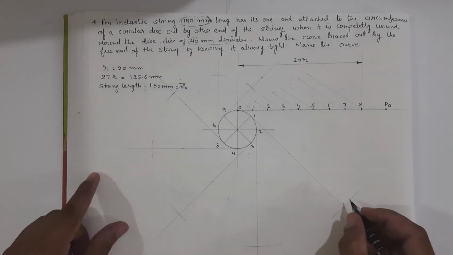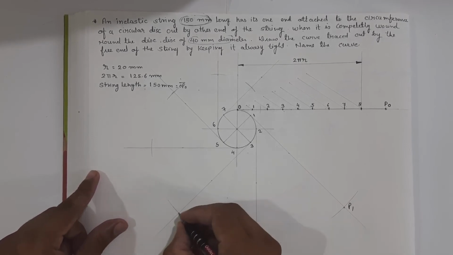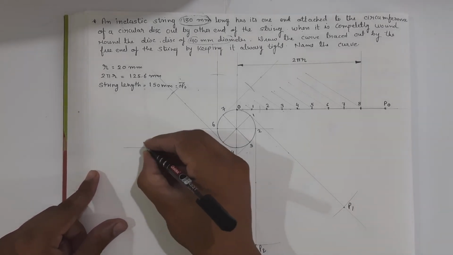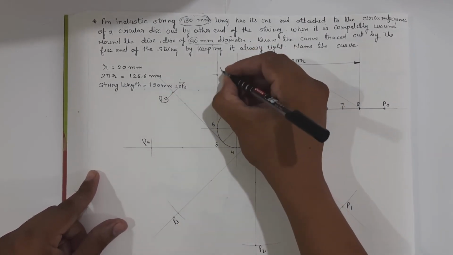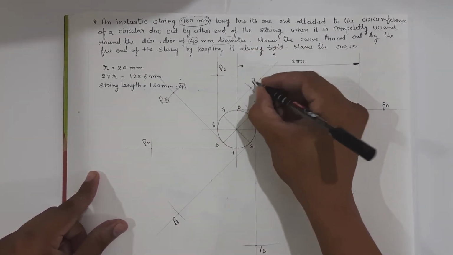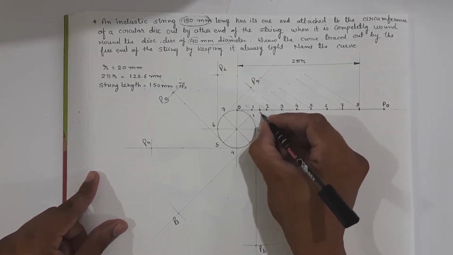Now first of all mark these points P1, P2, P3, P4, P5, P6, P7, and this point is P8.